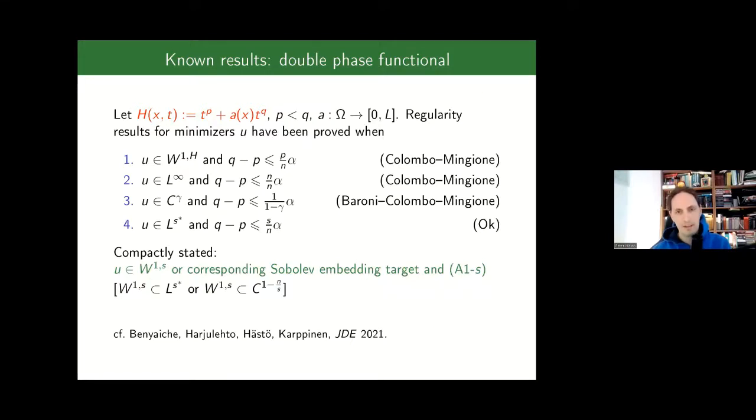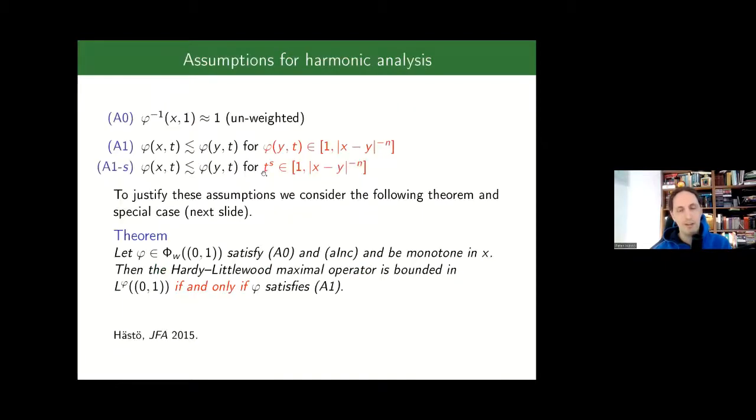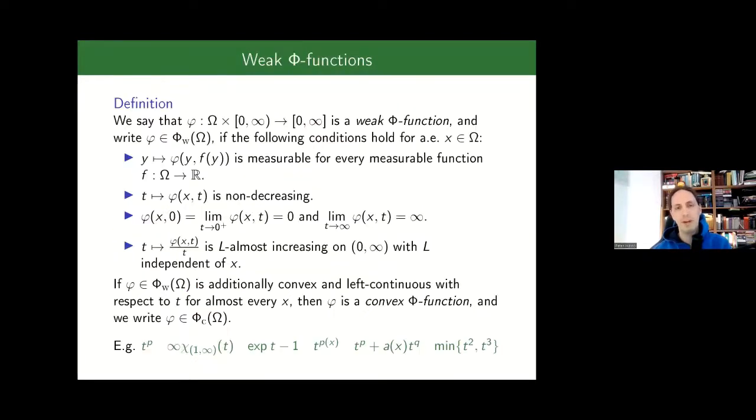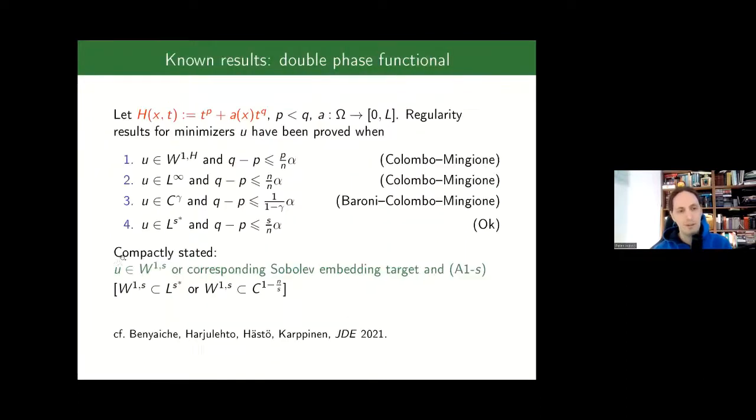Okay, but the main point of all of this is that this s, which I'll remind you, is related to what is the possible range of t that we can accept in our condition. So that is related to the a priori known information about the function that we are studying.